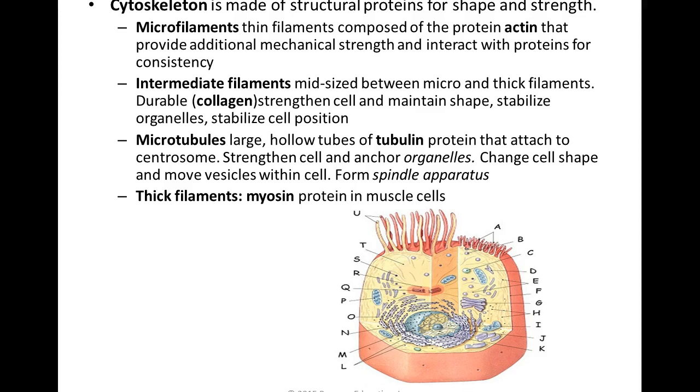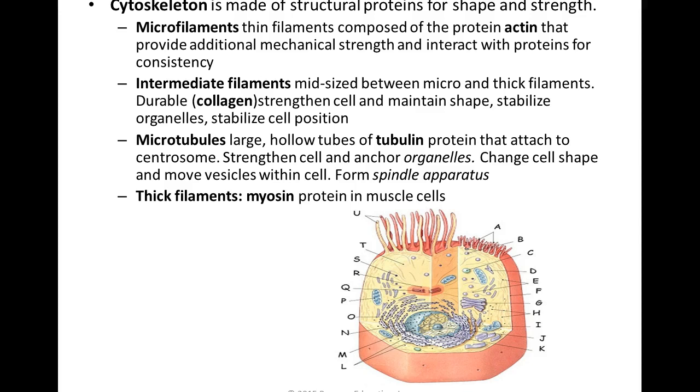They also have this ability to move vesicles along. Vesicles are those items that are made to either move something from one organelle to another or move something from an organelle outside of the cell. So these microtubules allow that movement to take place.